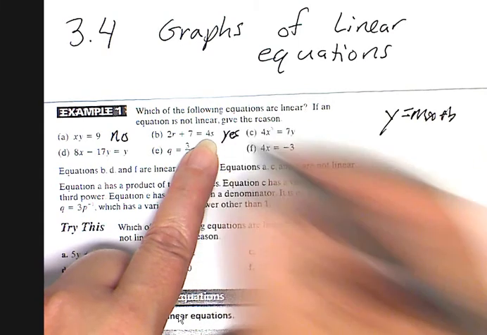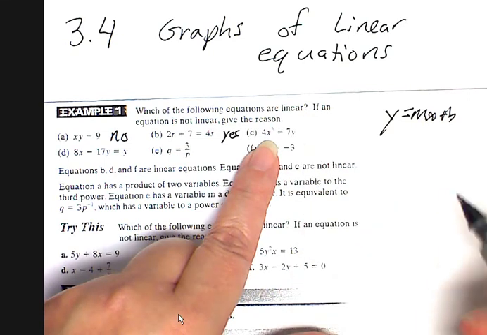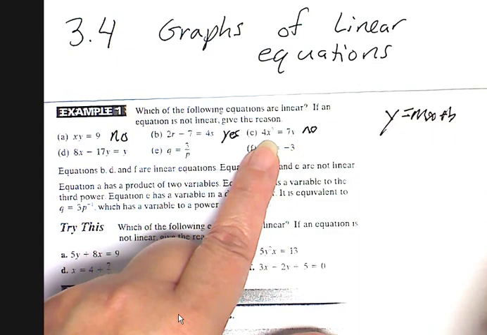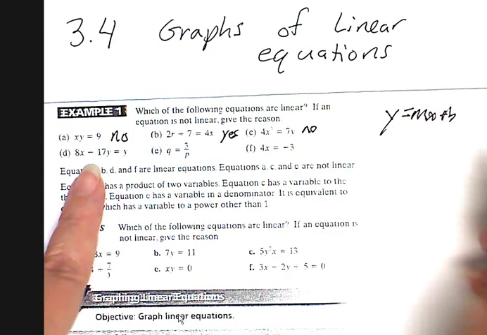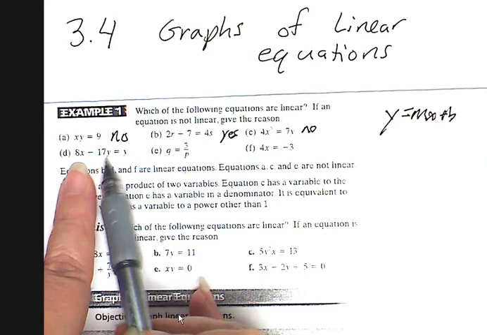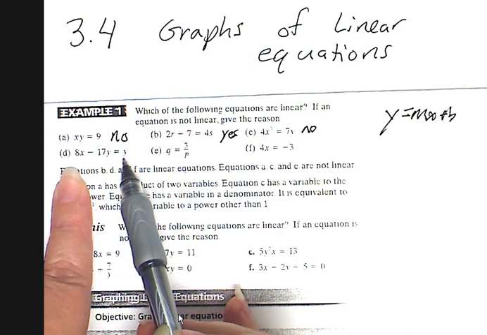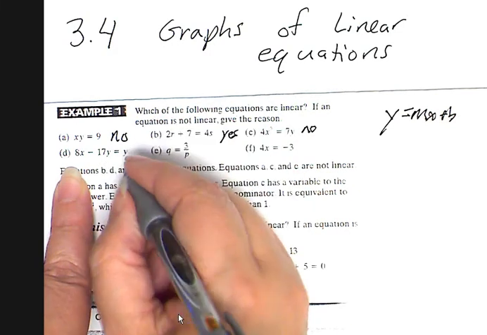What about this one? It has a cube. Is that linear? No. Remember, this is not the one you have yet, ladies and gentlemen. This is just examples to show you. This one says 8x minus 17y equals y. I can move this to the other side, combine like terms, and it still is linear. So this is yes.